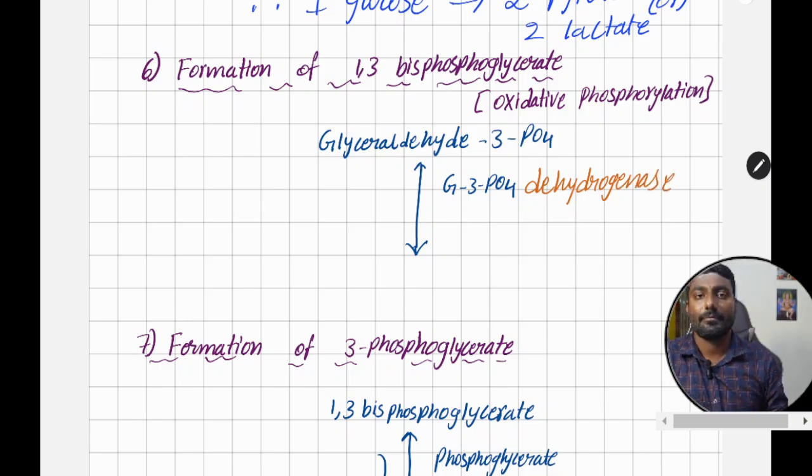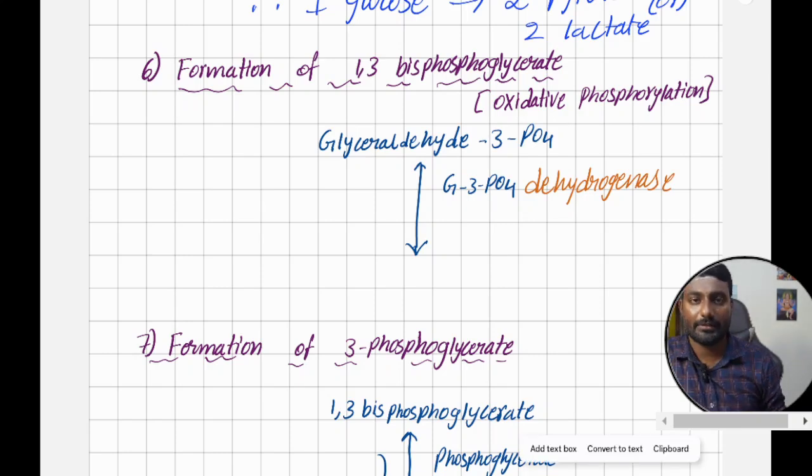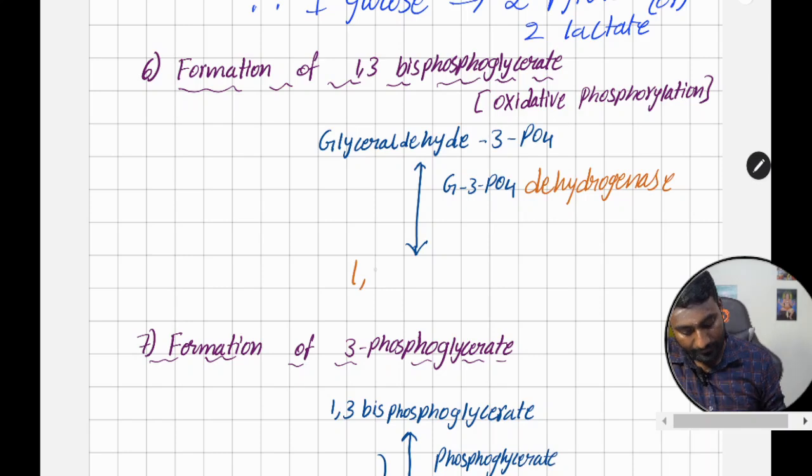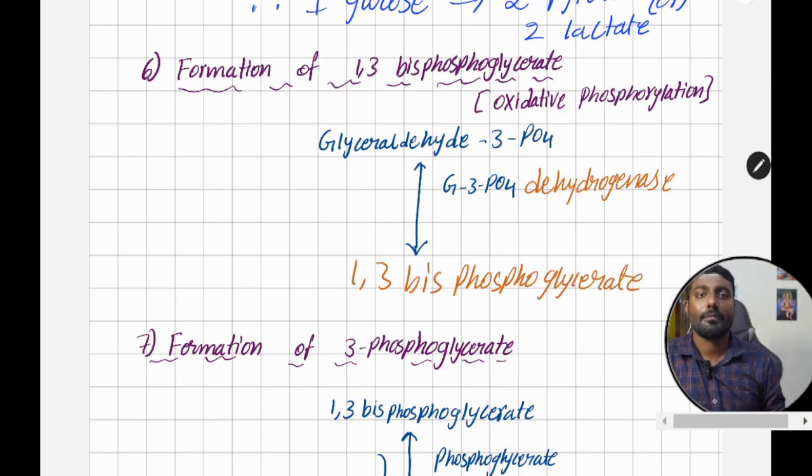Here glyceraldehyde 3 phosphate is getting converted into 1,3 bisphosphoglycerate. Okay, you are telling this as an oxidative phosphorylation. So who is giving this phosphate group? Inorganic phosphate is the source of phosphate group here. It is not ATP. Just be careful about this.